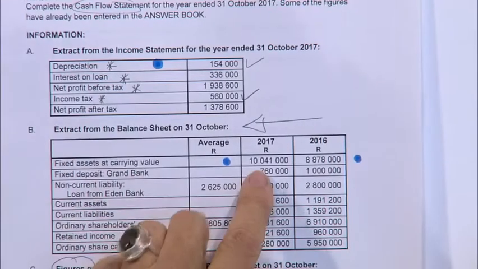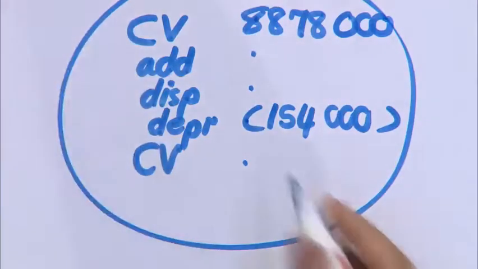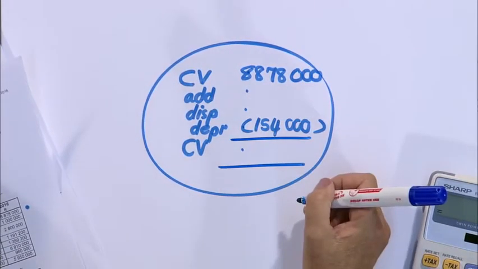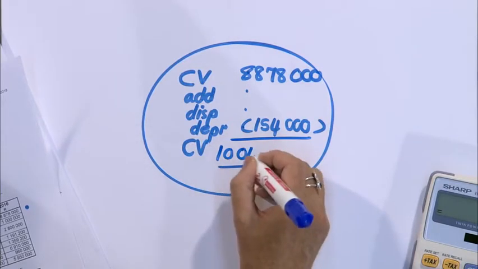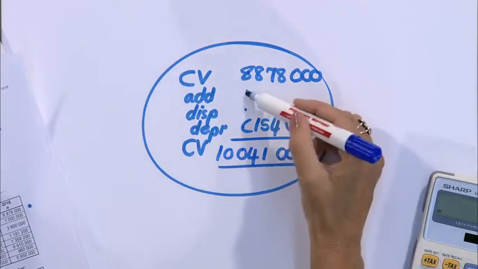Let's go to the bottom, 10,041,000. But remember, lines, it's an answer, 10,041,000 rand.